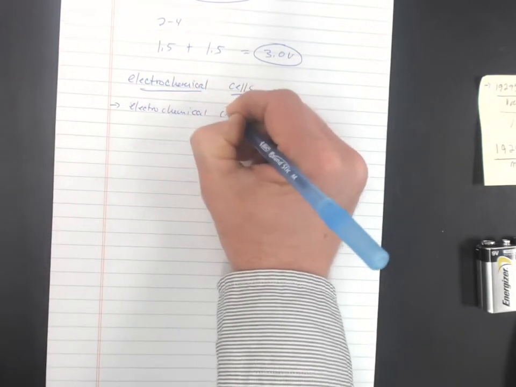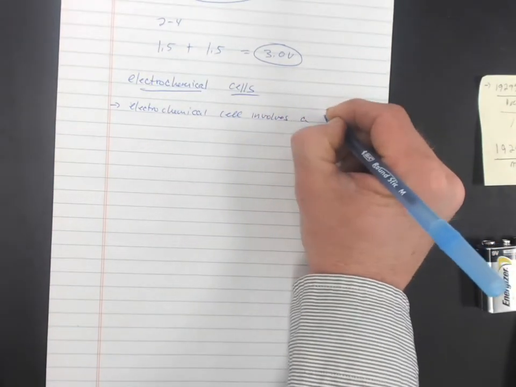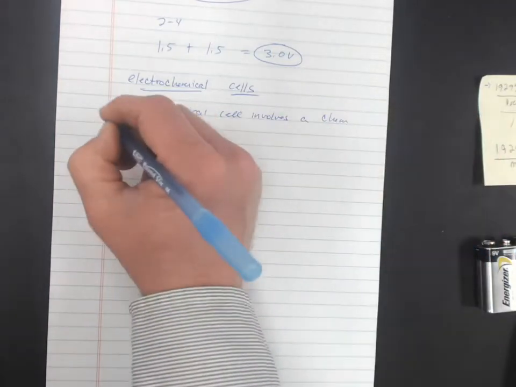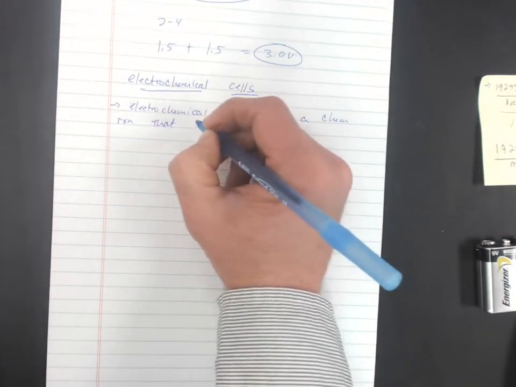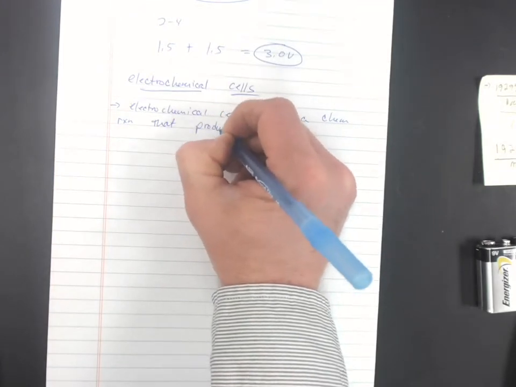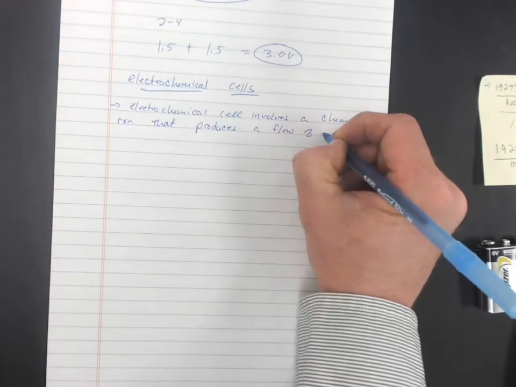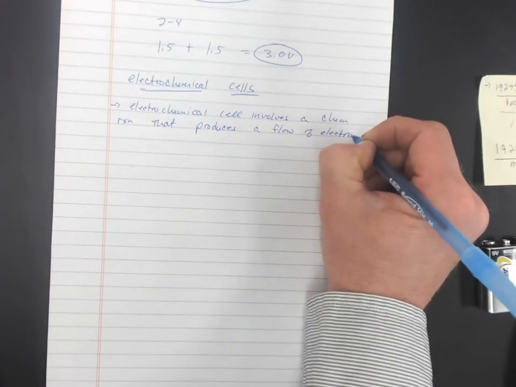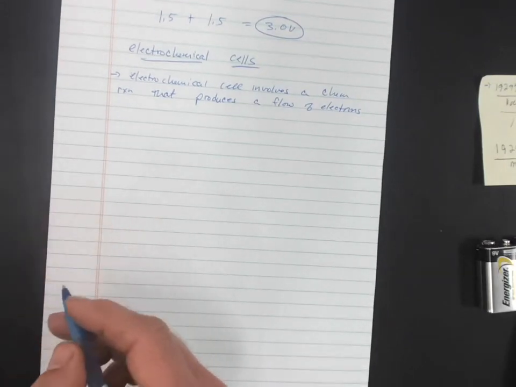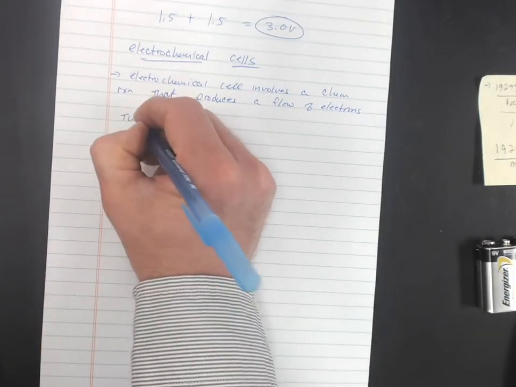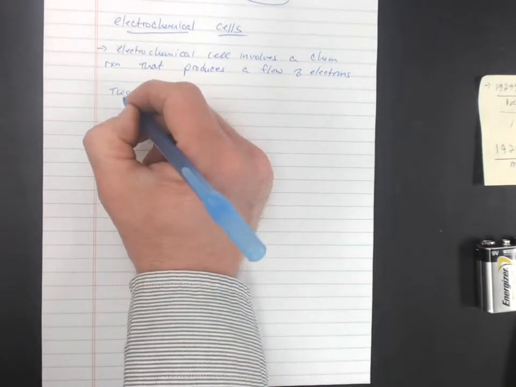So an electrochemical cell involves a chemical reaction that produces a flow of electrons. And we're going to discuss two types of electrochemical cells.